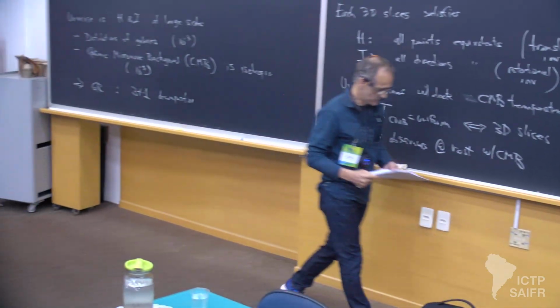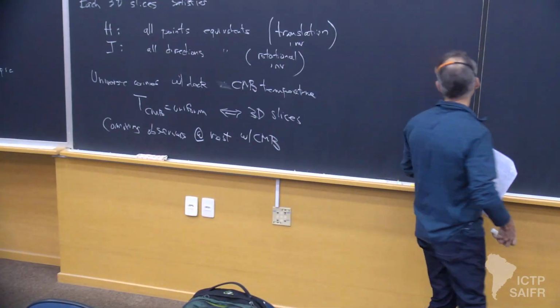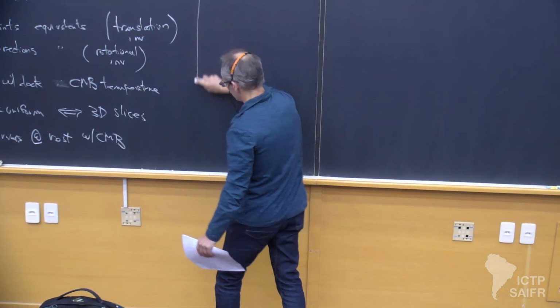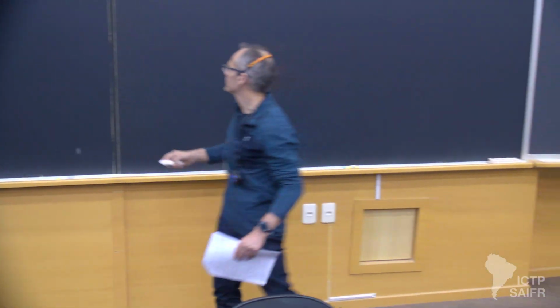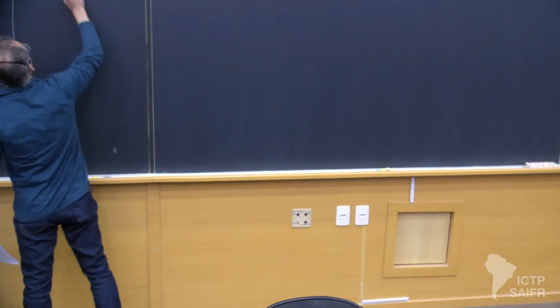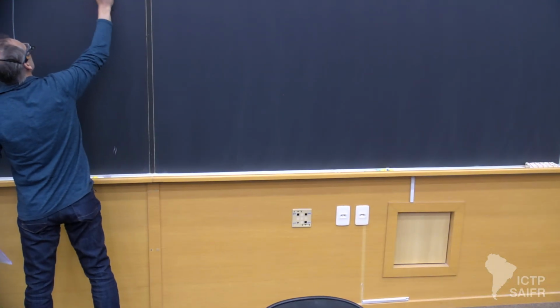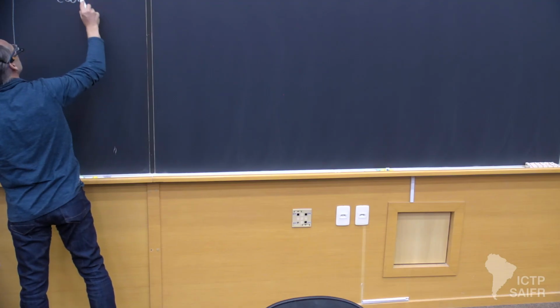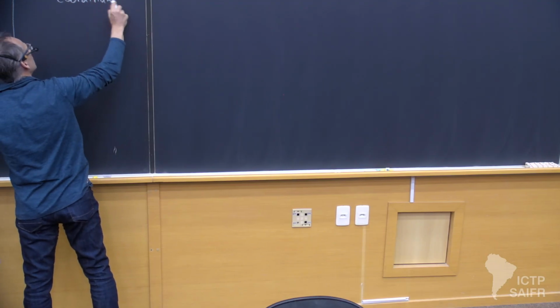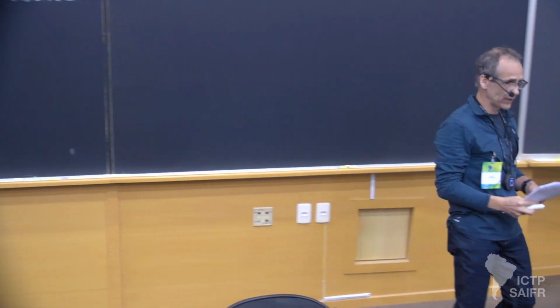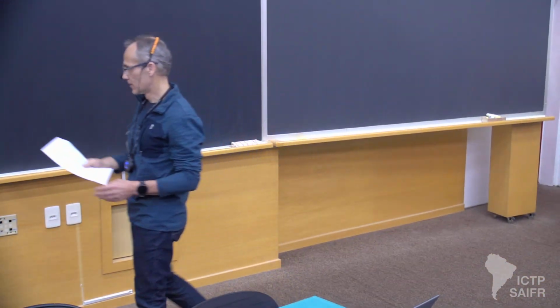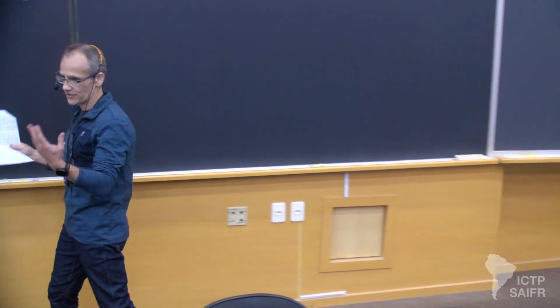And so these co-moving observers, at each 3-dimensional slice, set coordinates, and we call those coordinates the co-moving coordinates. And in these co-moving coordinates, you can choose them to be Cartesian, spherical, and so on.